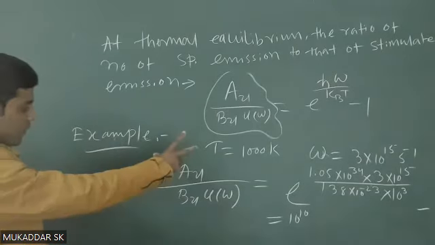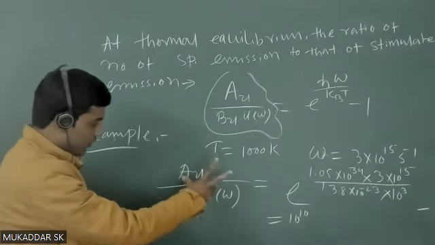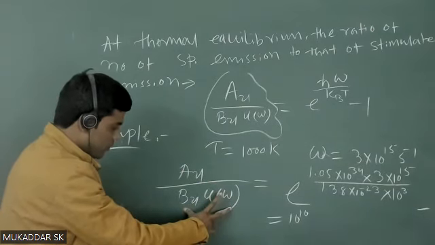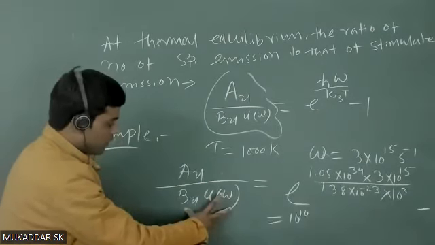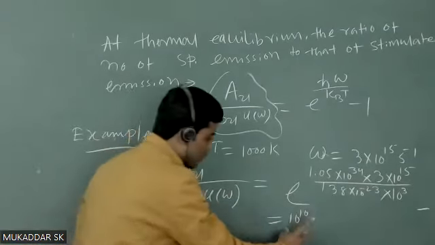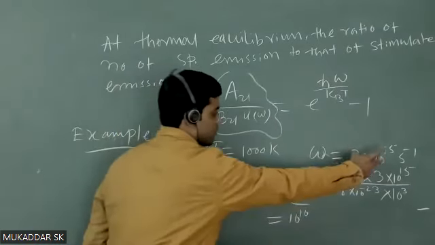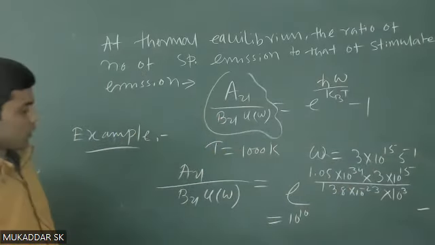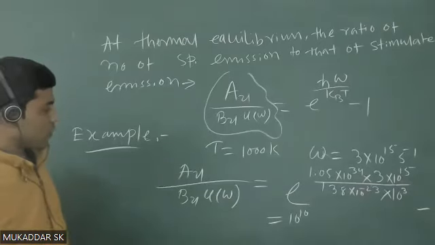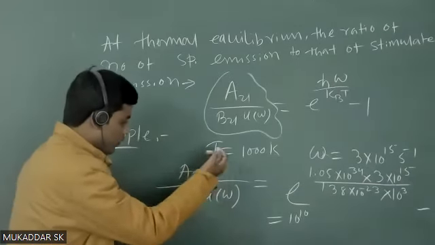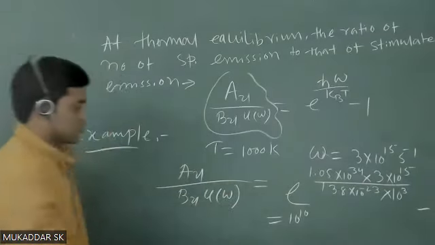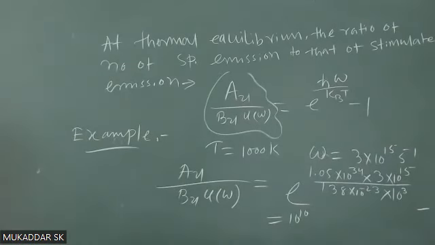So this represents the number of spontaneous emission and this represents the number of stimulated emission, and you can see this ratio is 10 to the power 10. So at these parameters, spontaneous emission strongly dominates over stimulated emission. Is this clear what I'm saying? Yes, sir.